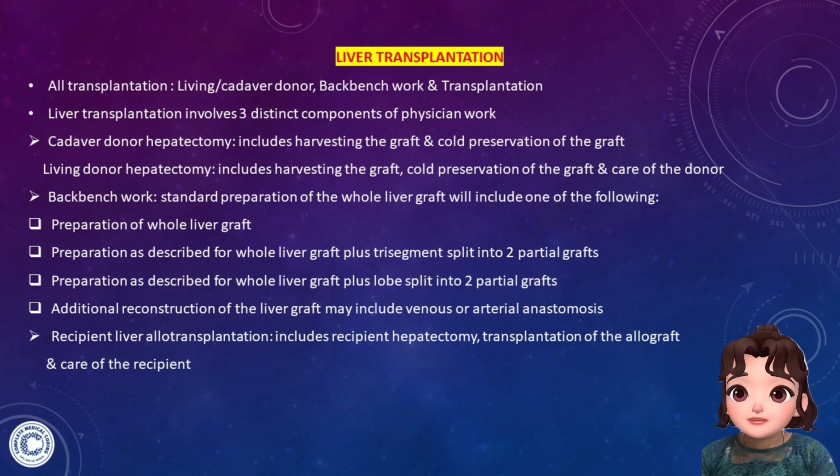As an example, I'll discuss only liver transplantation here. Pancreatic transplantation and a few others are similar. Liver transplantation involves three distinct components of physician work. As I said before, the donor can be a living donor or cadaver donor.